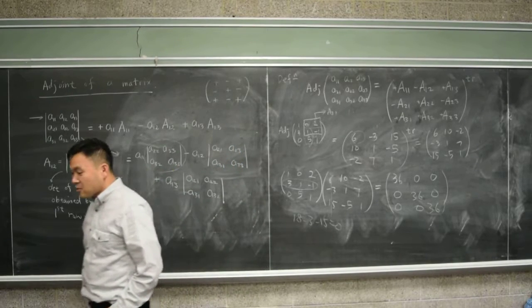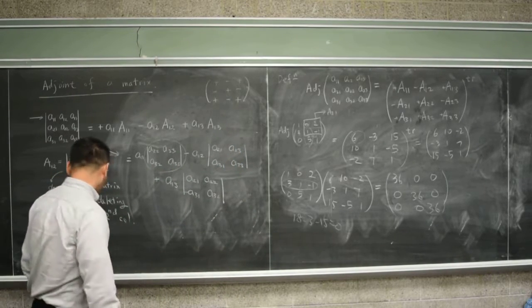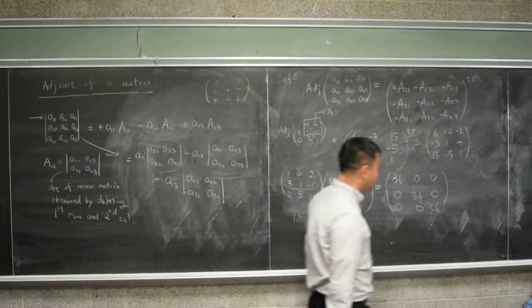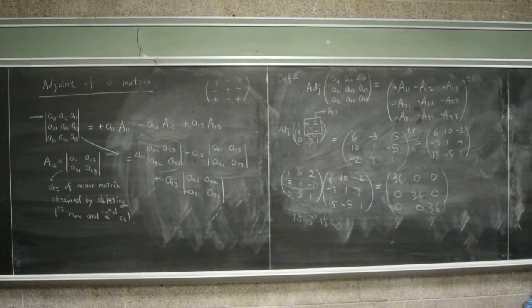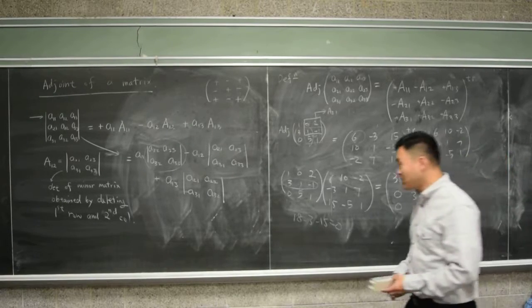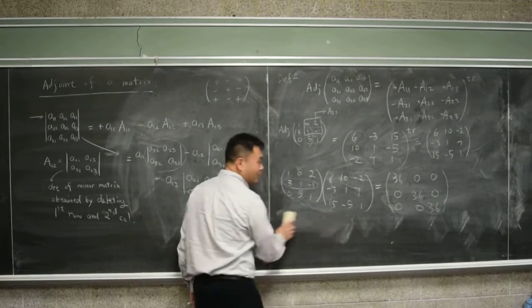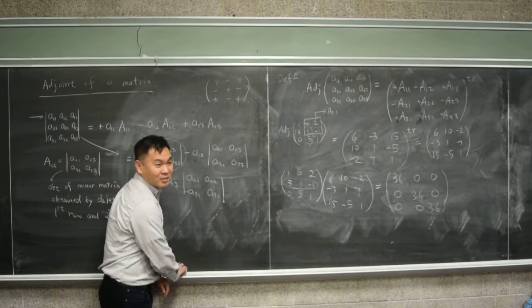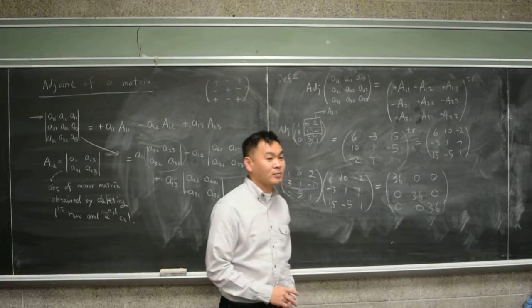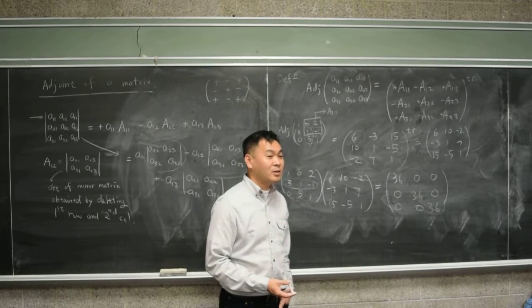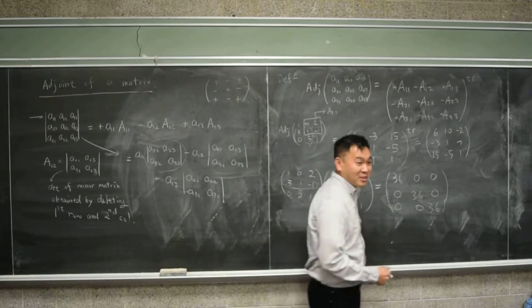And now let's think about why adjoint is a good thing. What does this achieve, having an adjoint? Do you have any idea what this is good for? Yeah? This is like 36 times identity, right?